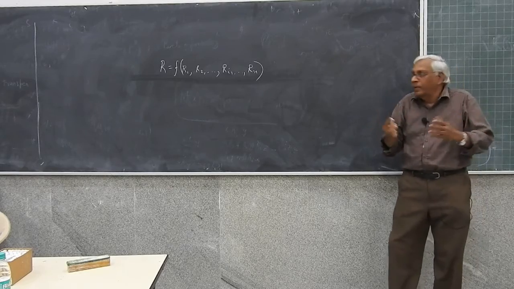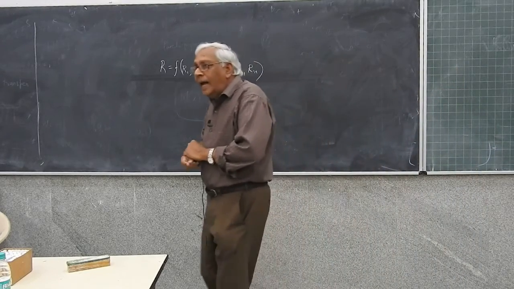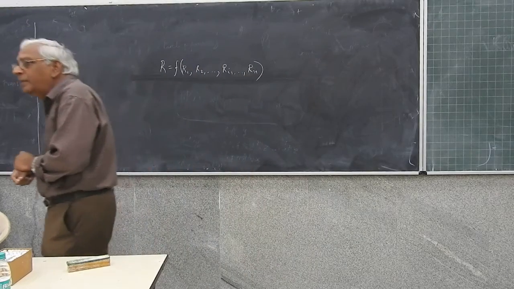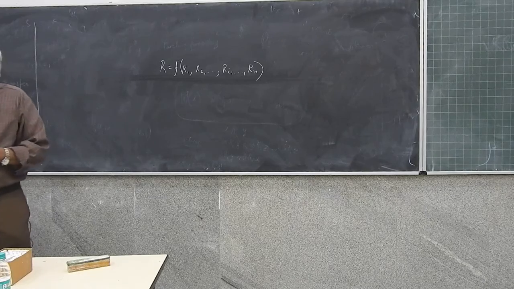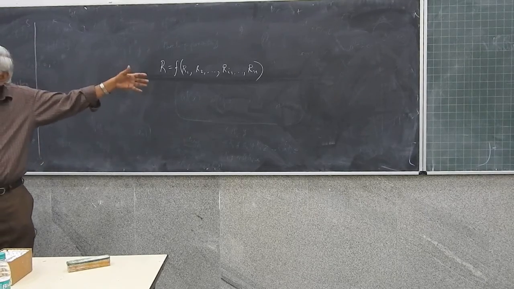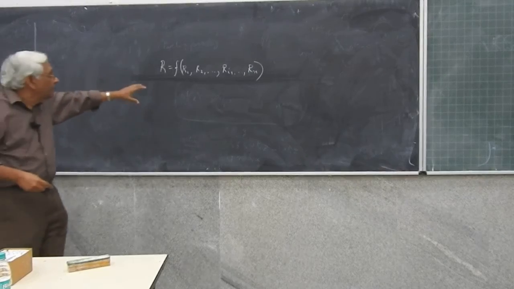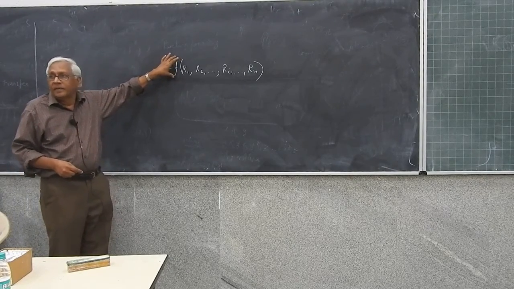This is the problem which Arrow presented to himself as a way of summarizing the principal concern of welfare economics. Now obviously you can't proceed any further with such a bare-bones statement of the problem unless you invest this function f with some desirable properties.